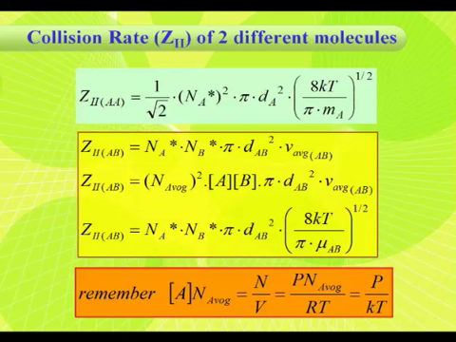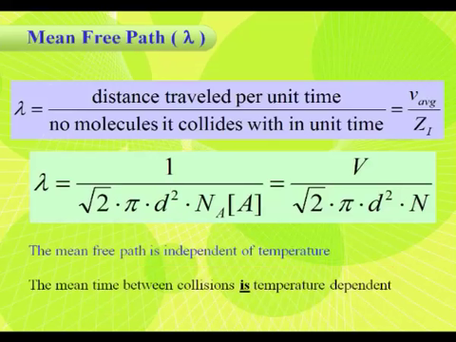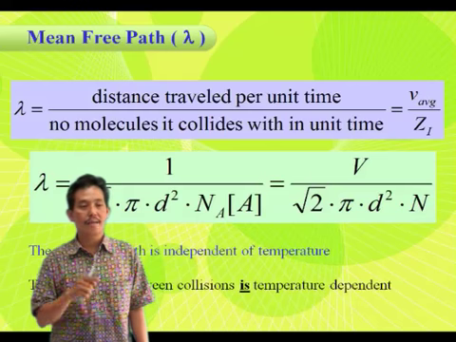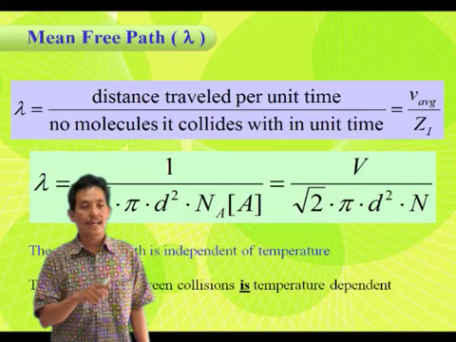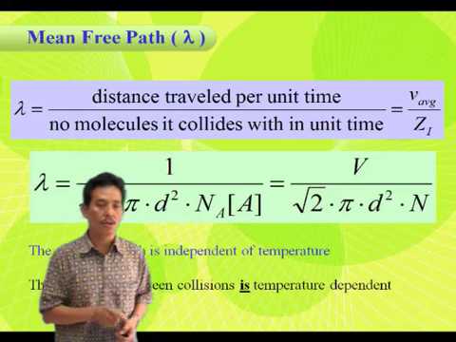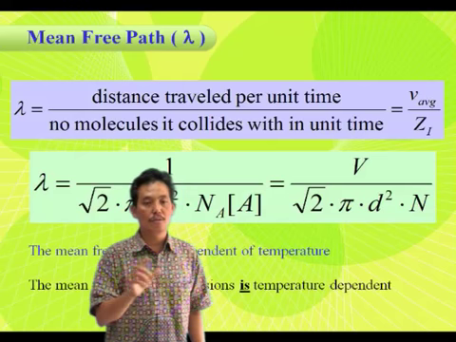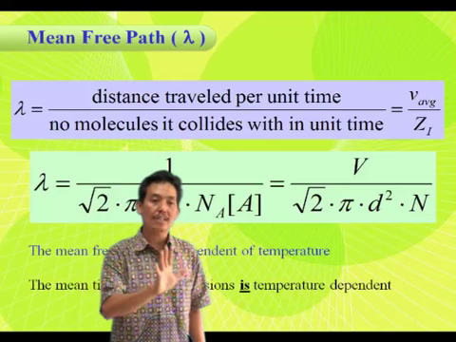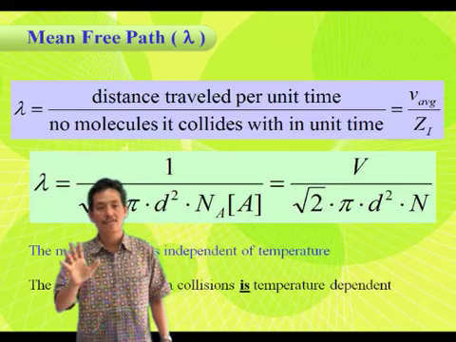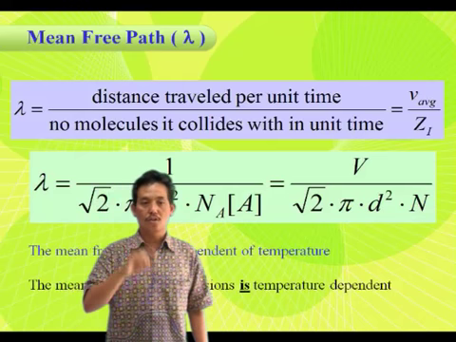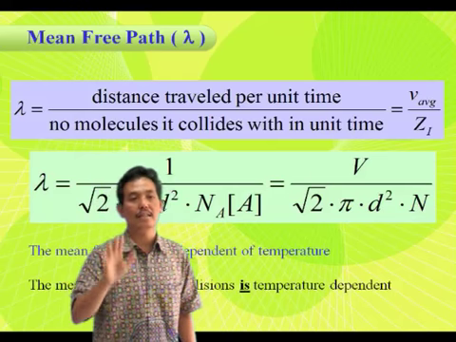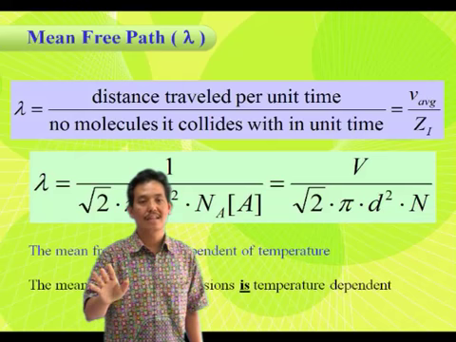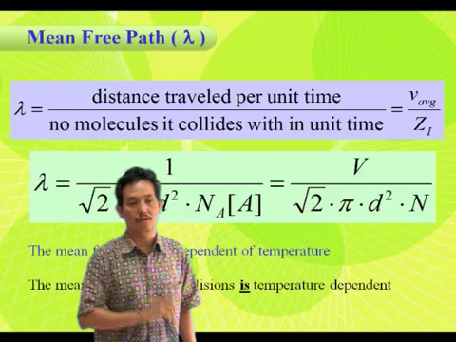Now we go to the next slide about mean free path. This is the last topic of our meeting today. As I mentioned earlier, between collisions there are times when the molecule doesn't collide. So mean free path means the mean distance that the molecule travels free from collision.